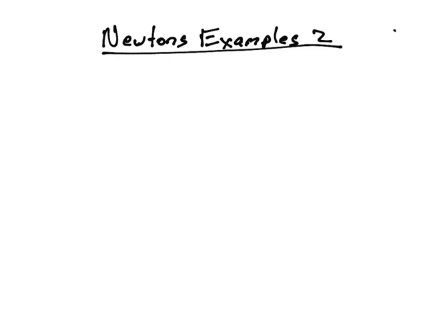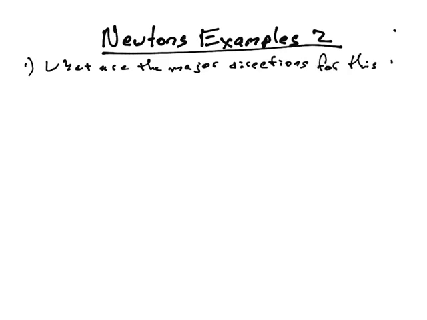And what we found is no matter the circumstance, at the end of the day, you ask a series of questions. First, what are the major directions for this system?